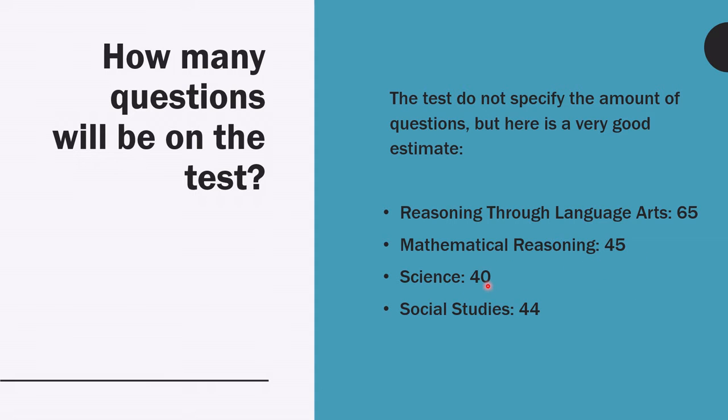For the science test, we counted 40 questions, and for social studies, we counted 44 questions, all of which are multiple choice questions, my friends. So the new GED test on a computer is very easy because now all the questions are multiple choice. This is very nice, and this makes it much easier for the students.